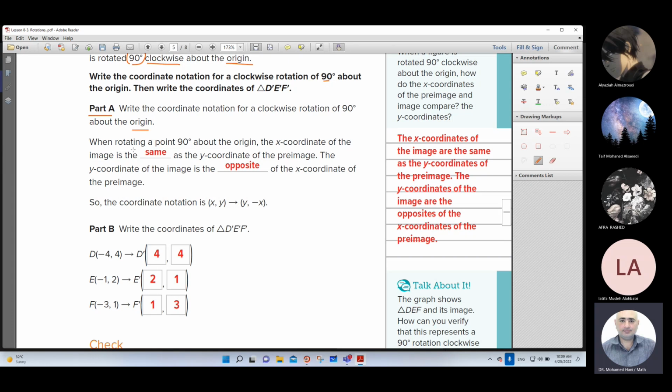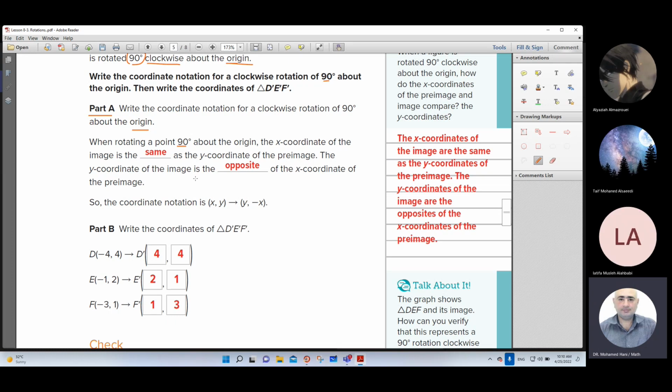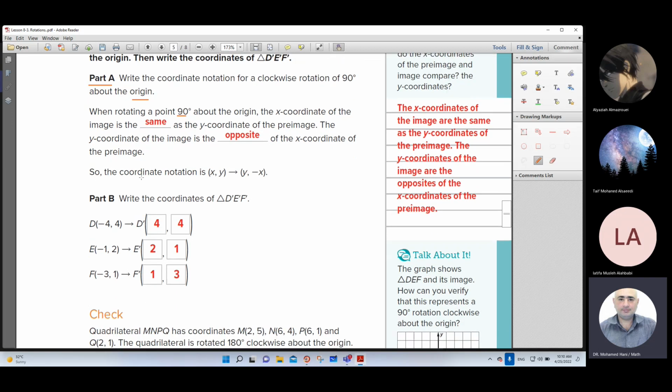We're rotating a point 90 degrees about the origin. The x coordinate of the image is the same as the y coordinate of the pre-image. And the y coordinate of the image is the opposite of the x coordinate of the pre-image. So the coordinate notation is xy will be y, negative x.